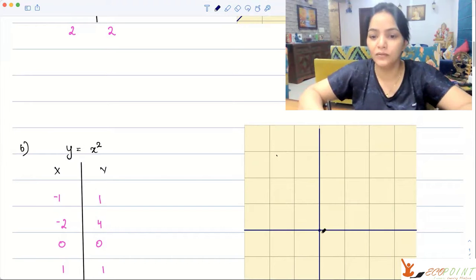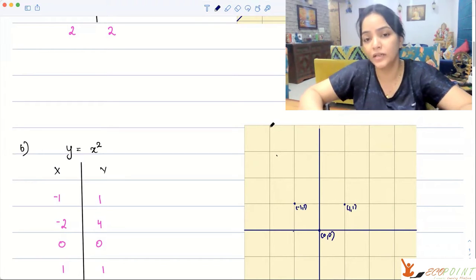So 0, 0, then -1, 1. So -1, 1 is here. 1, 1 is here. -2 is going to get 4. -2, 4. So it's going to be here. And similarly, 2, 4 is going to be here.